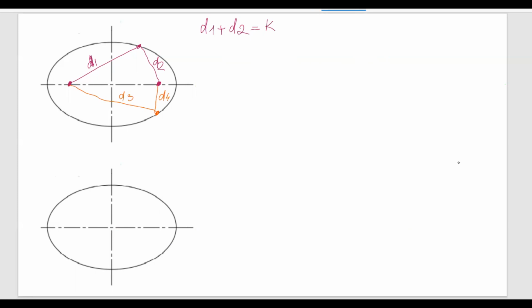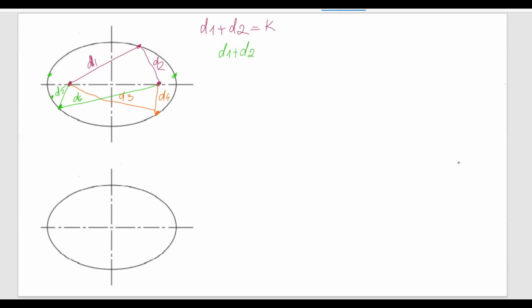I can choose it just anywhere on the ellipse. If I choose this point over here and draw the distances from the focal points to this point, and call these D5, D6, I can do this on and on.